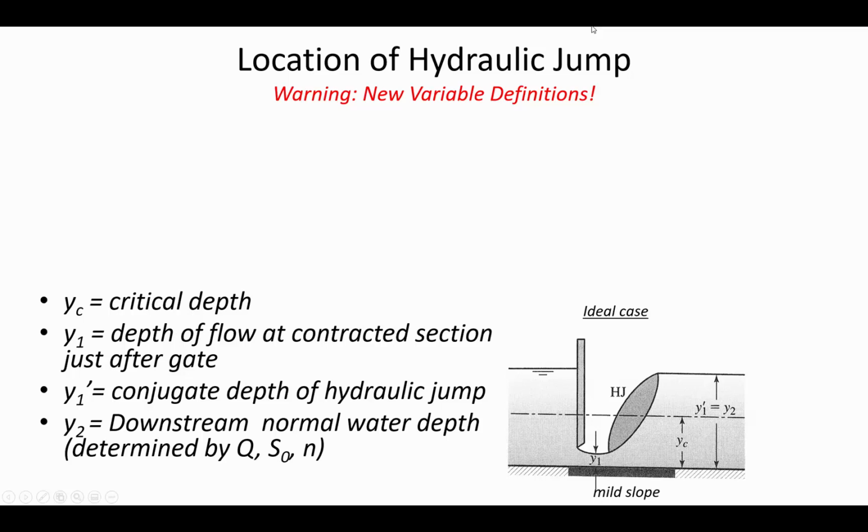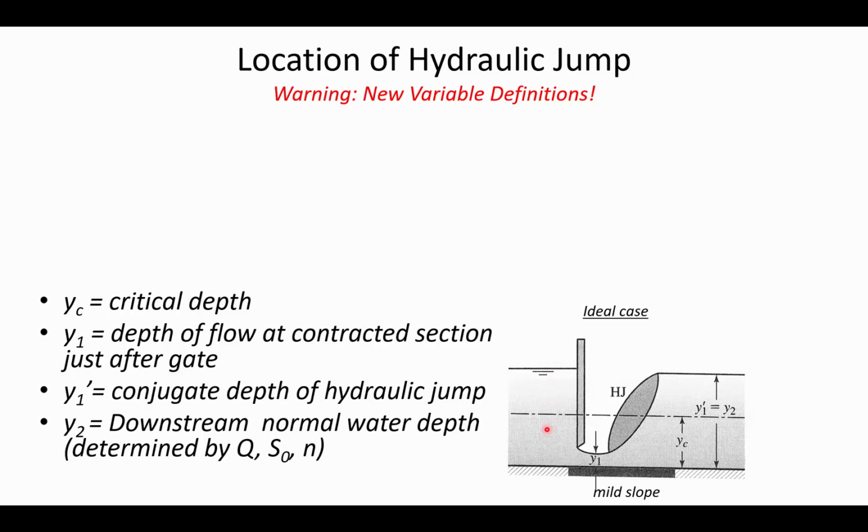The next thing that we'll look at is where the hydraulic jump occurs. A hydraulic jump coming out of an underflow gate is what we'll use as the example. You can see here on the screen, I'm calling this the ideal case. The water is backed up behind an underflow gate, so the depth upstream of the gate is subcritical.